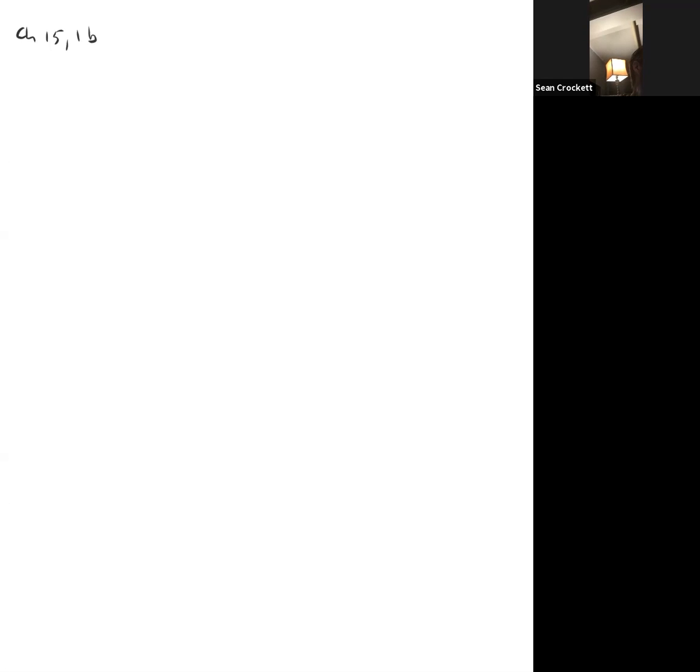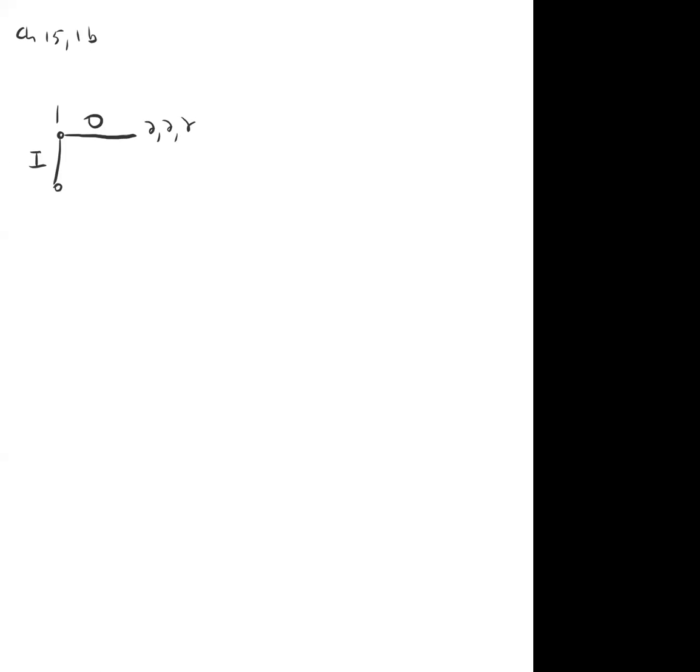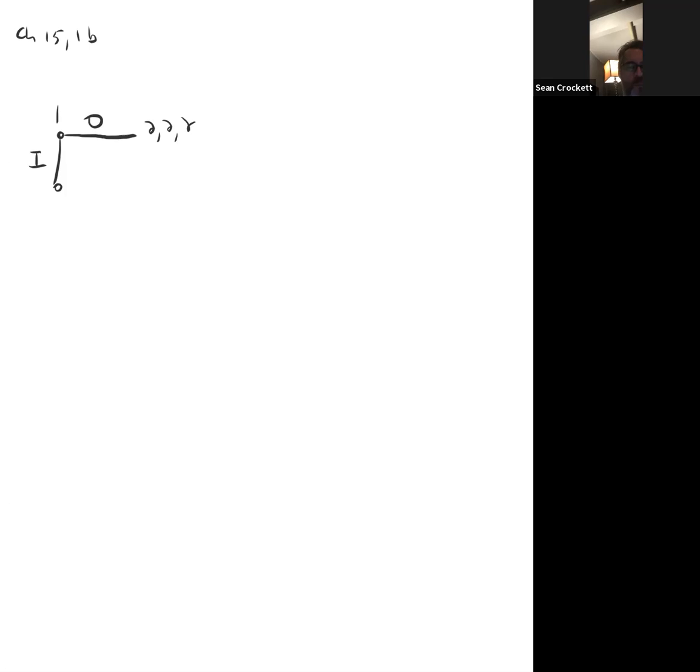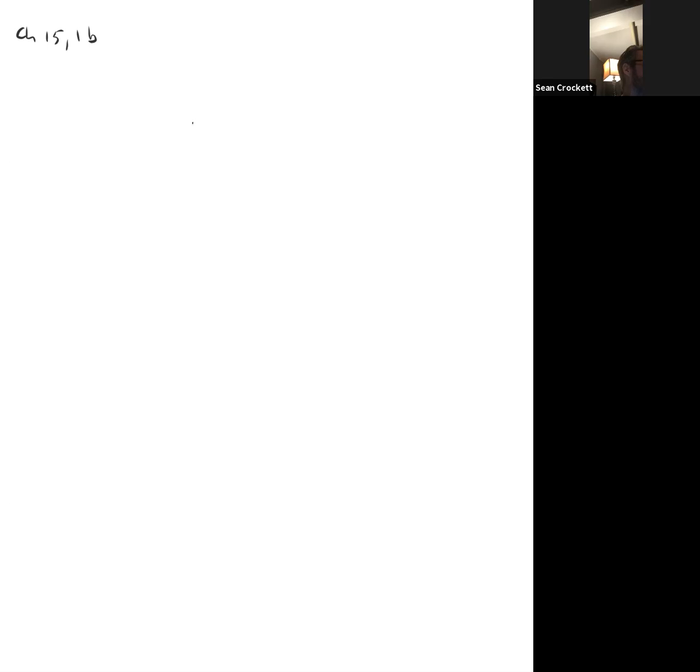The game is player 1 chooses out or in. If he chooses out, the game is over. Professor, I think you wrote 1C. Oh, 1C, I see. I'm sorry. Okay, one in 1B.